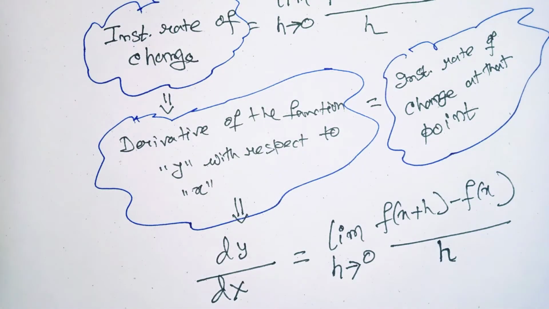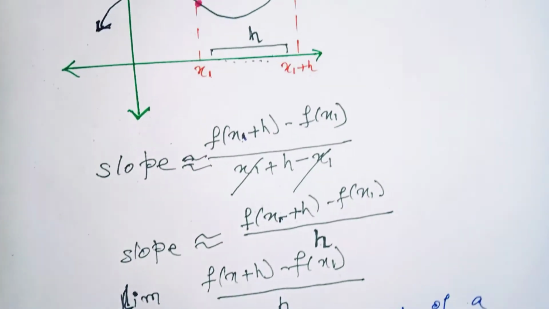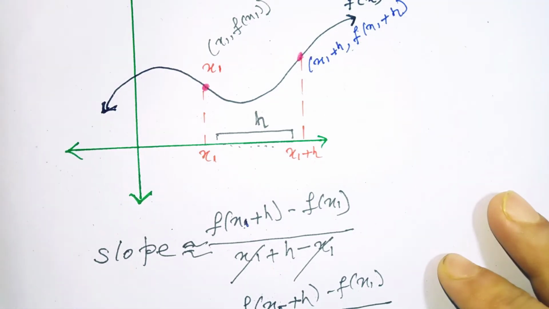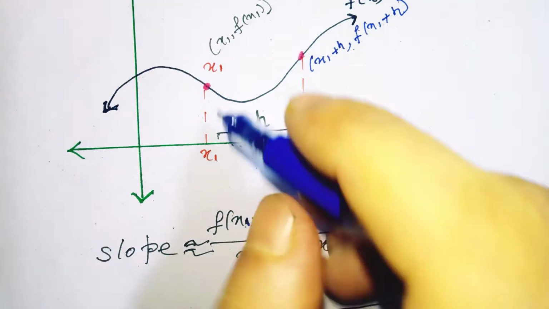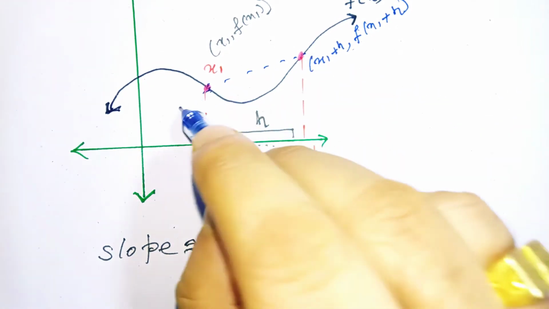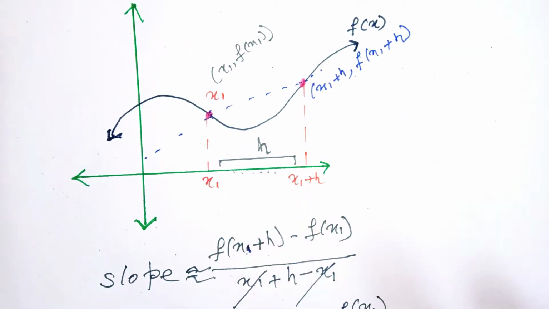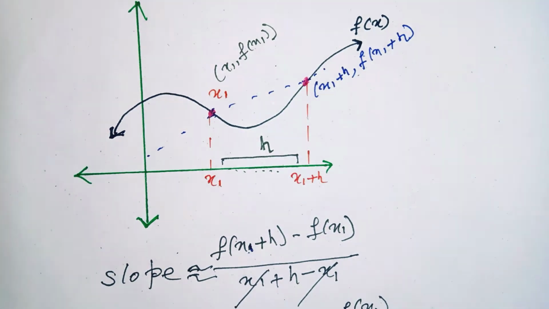Say now, for example, we get this kind of a graph, and if I draw a line over here connecting this point with this one, what we are essentially doing is calculating the slope of the line.